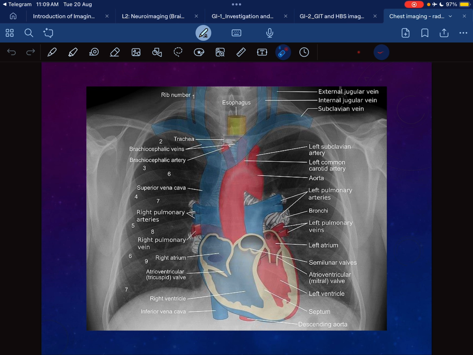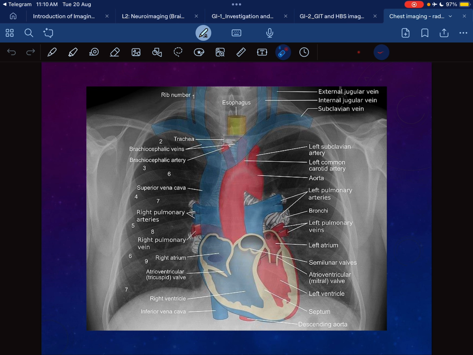And then once you're done with all, check the bones, so the ribs. The linear one is the posterior, the curvy one is the anterior. So this is the posterior one, and then anterior, posterior, anterior, posterior, anterior, and so on. Once you're done with that, check the upper abdomen, check the stomach, check for any free air, check the bones.